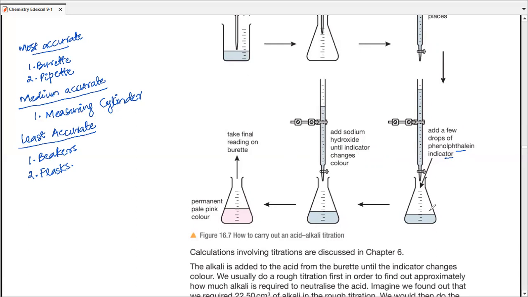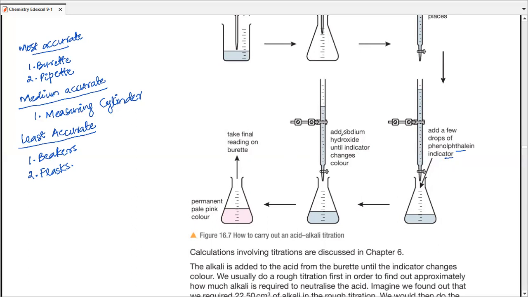We usually try not to go with universal indicator since it can show so many colored shades that it would be difficult to decide the endpoint. The universal indicator might attract you for its lots of colors and rainbow imitation, but it's a little bit impractical in lab at this stage.